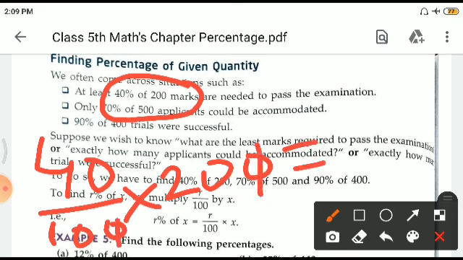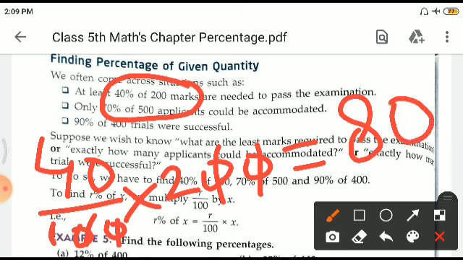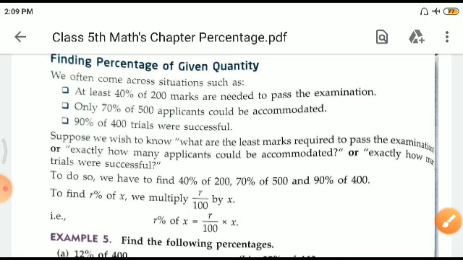This zero cancels with this zero, and I get 80 as the answer. Right, children? I get 80 as the answer. That means, the question is at least 40% of 200 marks are needed to pass the examination. That is 80 marks are needed to pass the examination. It is as simple as that.